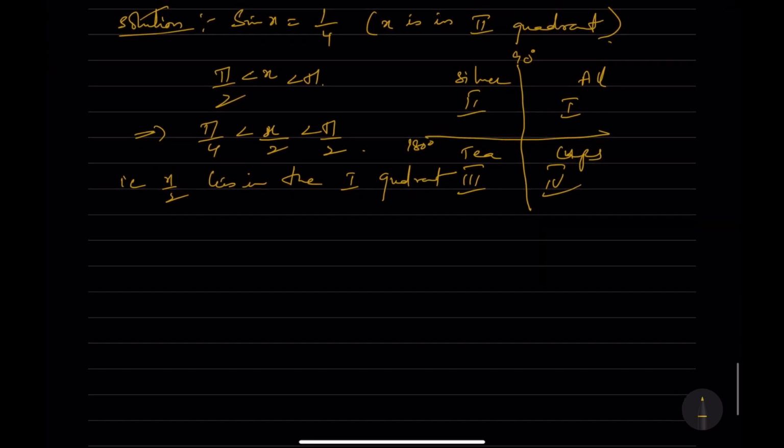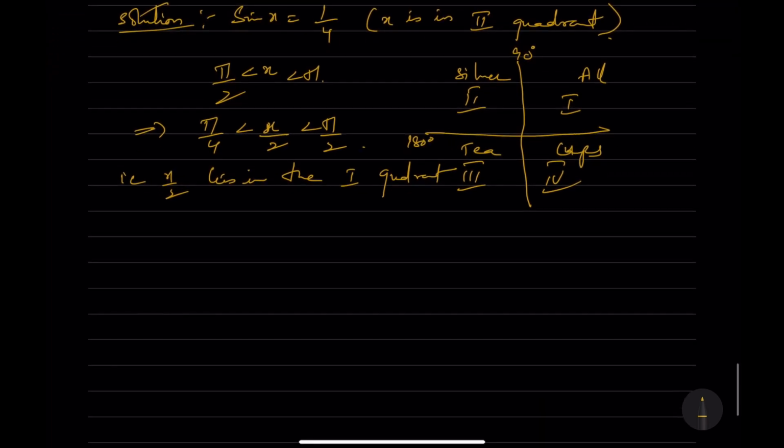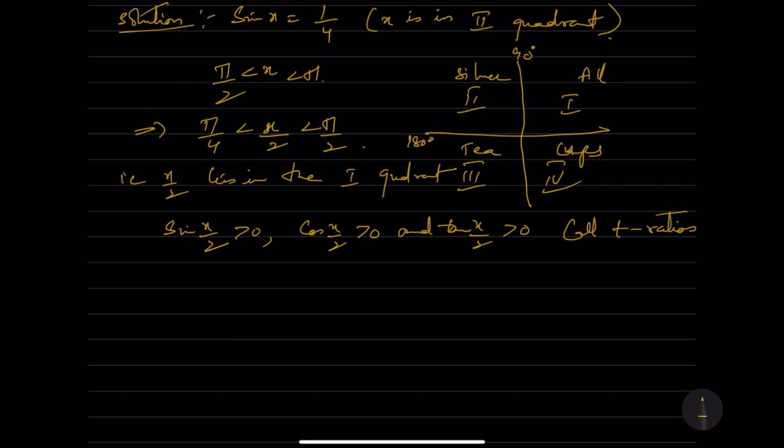So here all the t ratios are positive. So therefore sin x by 2 is greater than 0, cos x by 2 is greater than 0 and tan x by 2 is also greater than 0. So all t ratios, what are t ratios? T ratios are nothing but trigonometric ratios, are positive.